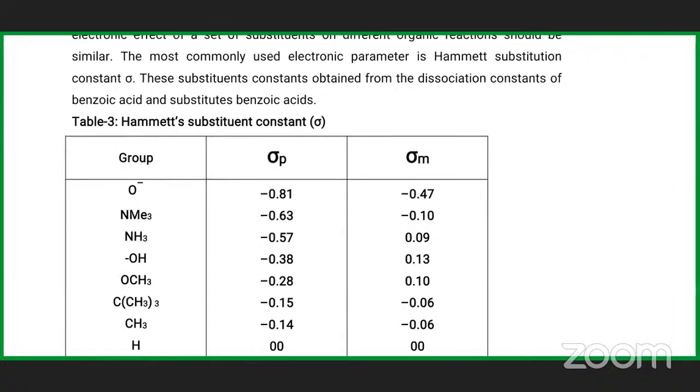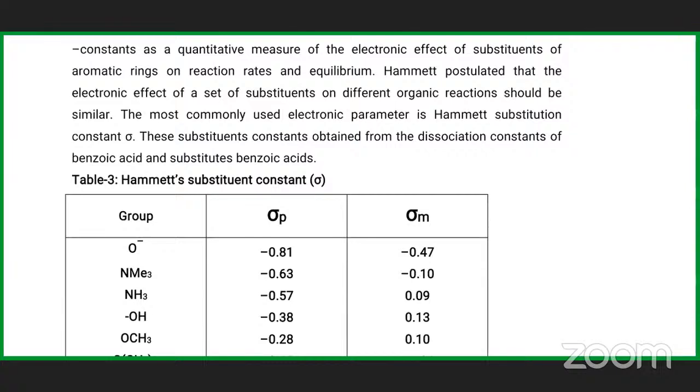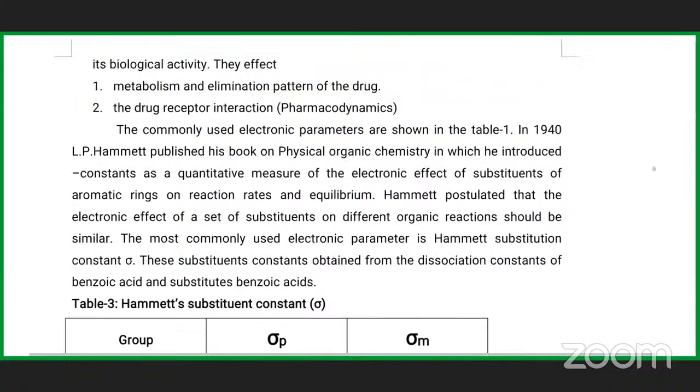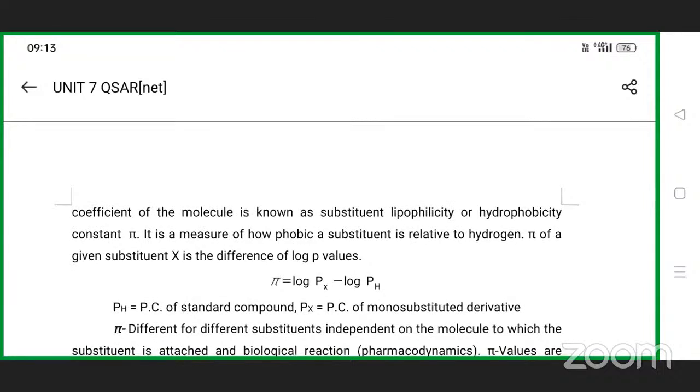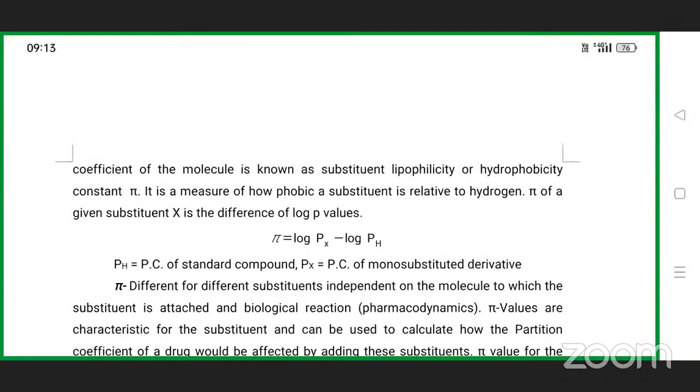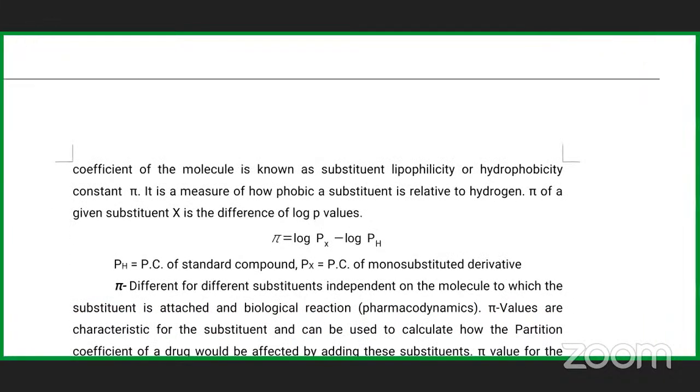For example, if you want to increase the pi value here, what is pi here? Pi is nothing but the substituent constant. So if you want to increase the value, then you pick up the group accordingly and substitute in the formula, pi equal to log Px minus log PH.